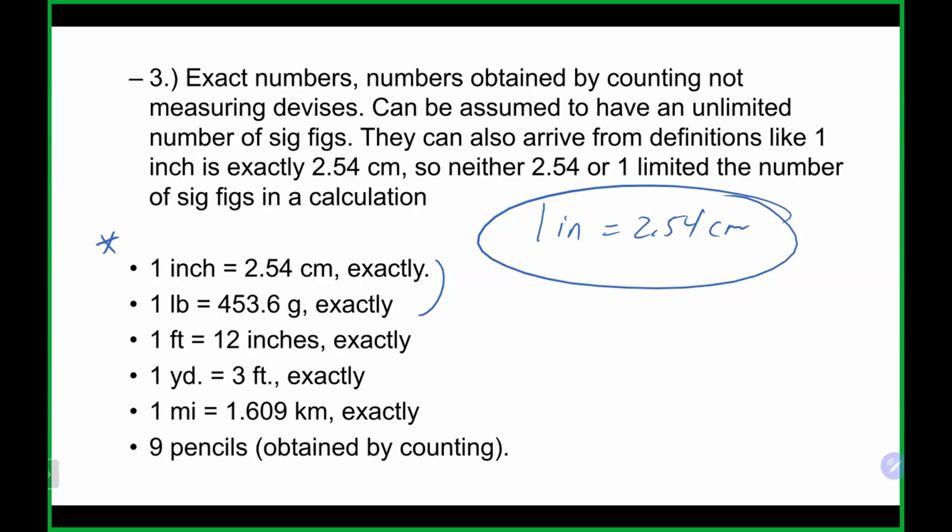It is only typically when you cross over from metric to English that you have to look at it, and it's not considered an exact number, outside of these in your chemistry classes here, which are considered exact numbers. But if it's some other type of English to metric conversion, like maybe milliliters to quarts or something like that, you would have to take it into account when you do your calculation. And obviously we'll talk about that next time.